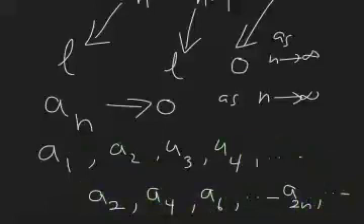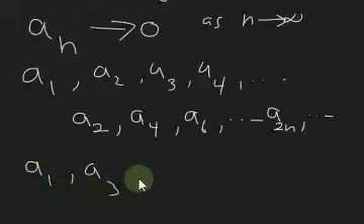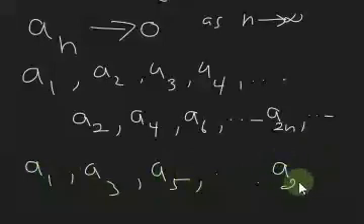Can you give another subsequence? I consider only the odd terms of the original sequence: a sub 1, a sub 3, a sub 5, with general term a sub 2n minus 1. When n is equal to 1, this is a sub 1. When n is equal to 2, this is a sub 3.